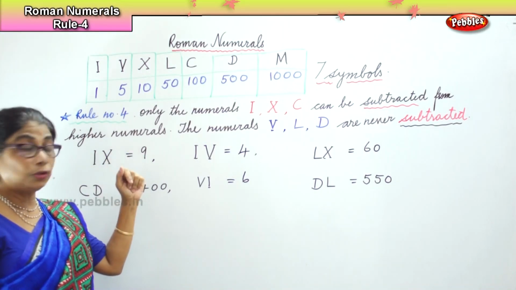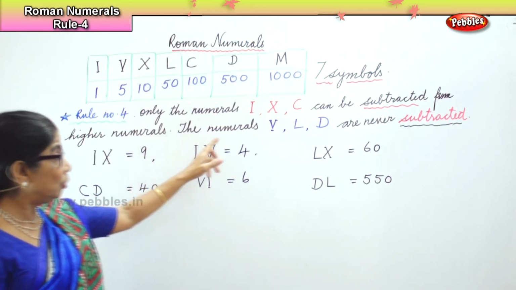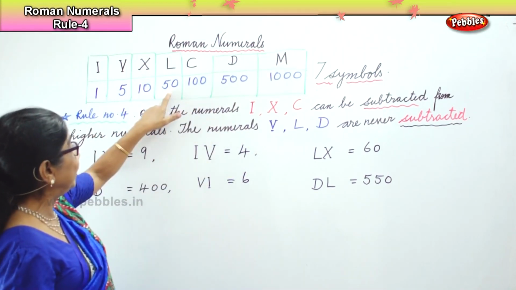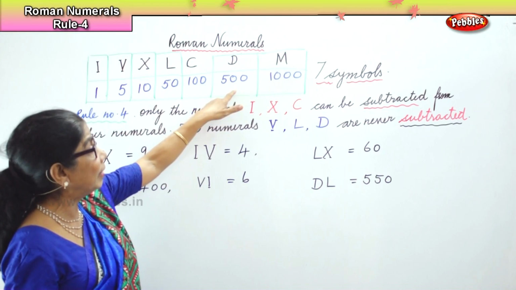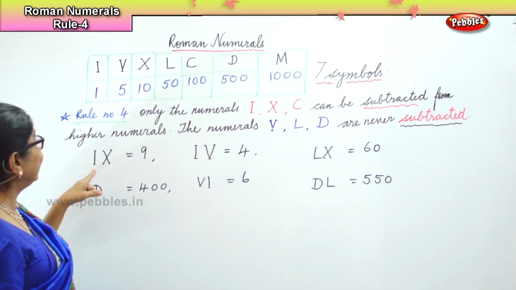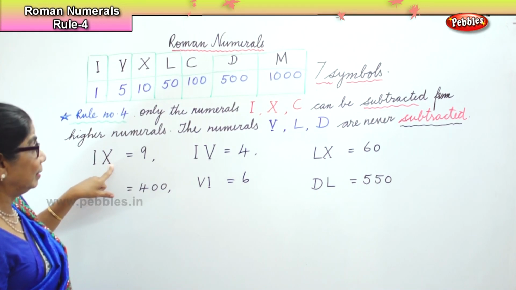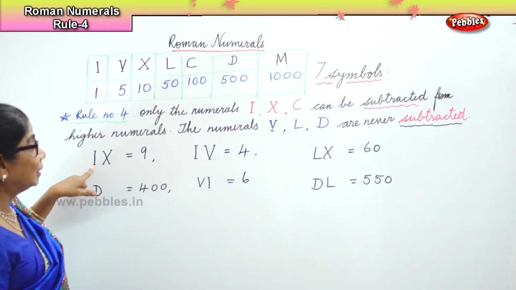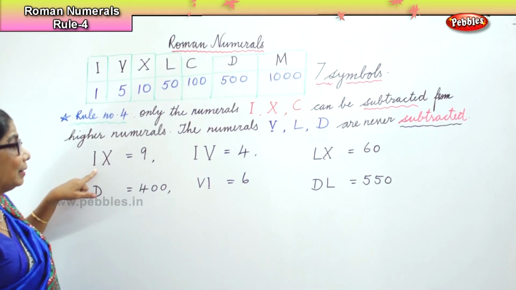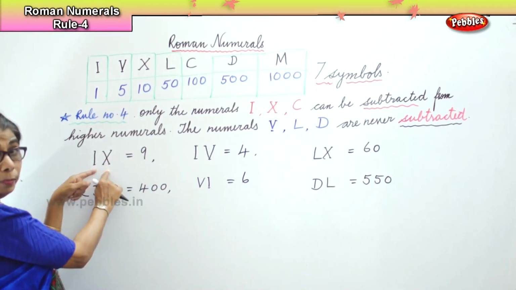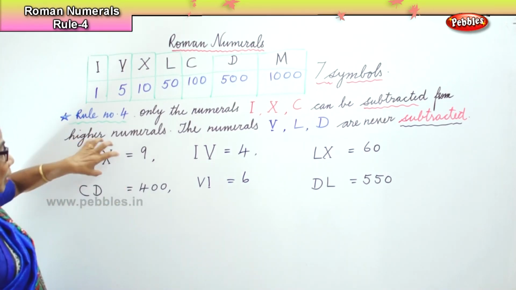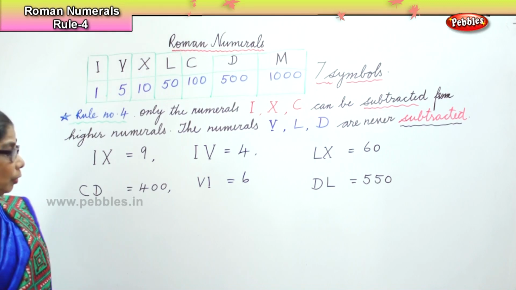The Roman numerals 5, 50 and 500 are never subtracted. Now, we have 1 here and 10 here. From the higher numeral 10, take away 1. So we call this 9 in Roman numerals.